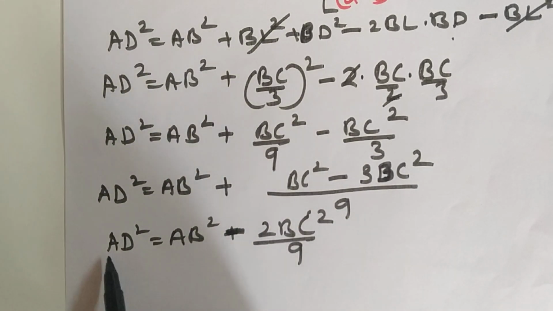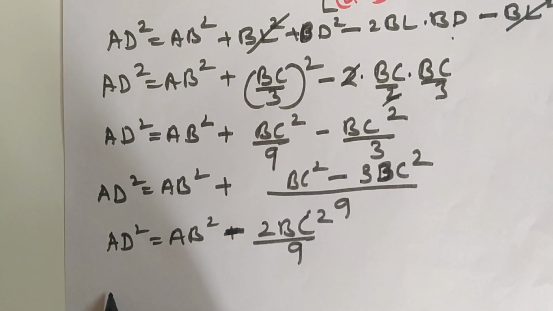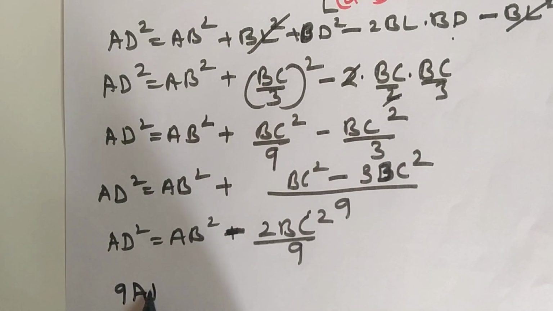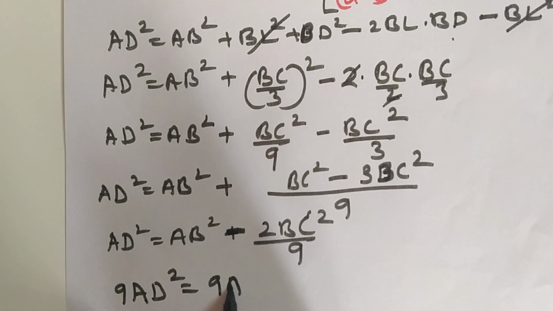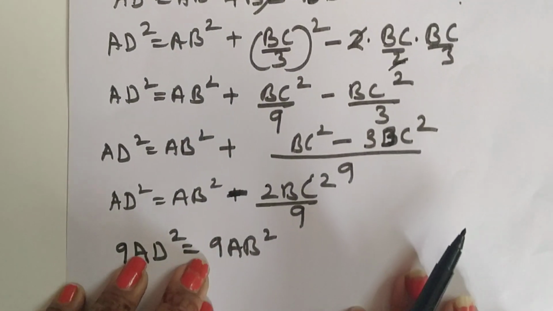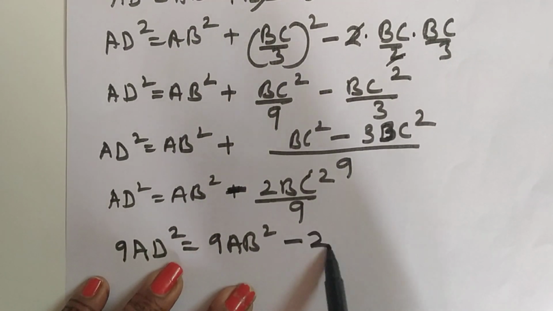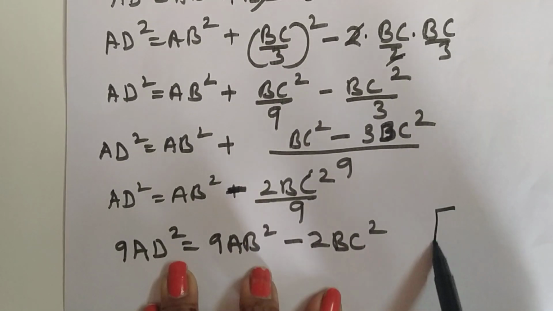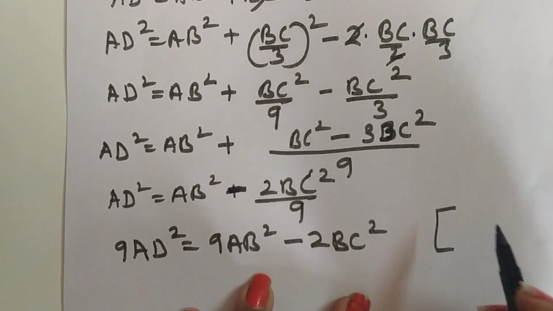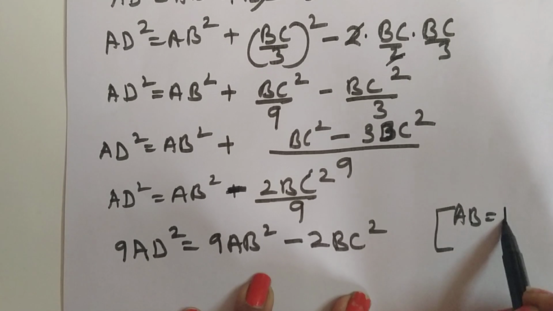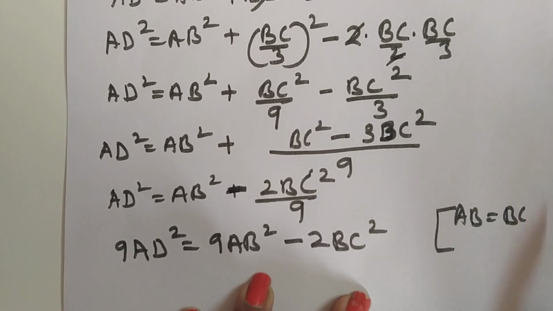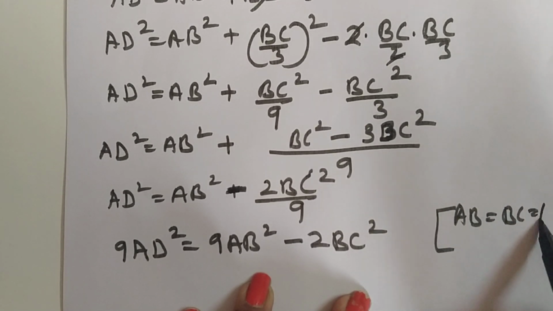So now we are taking 9 to the left hand side. So 9 AD square is equal to 9 AB square, because we can't take it directly, we have to take the LCM, so 9 AB square minus 2 BC square. We know that since it is an equilateral triangle, AB is equal to BC and it's equal to AC.